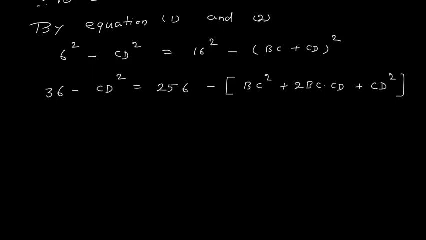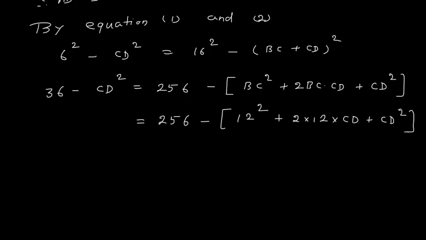The value of BC is 12. So let us put the value of BC as 12. So this is equal to 256 minus 12 square plus 2 into 12 into CD plus CD square. So here we get 256 minus 144 minus 24 CD plus CD square.